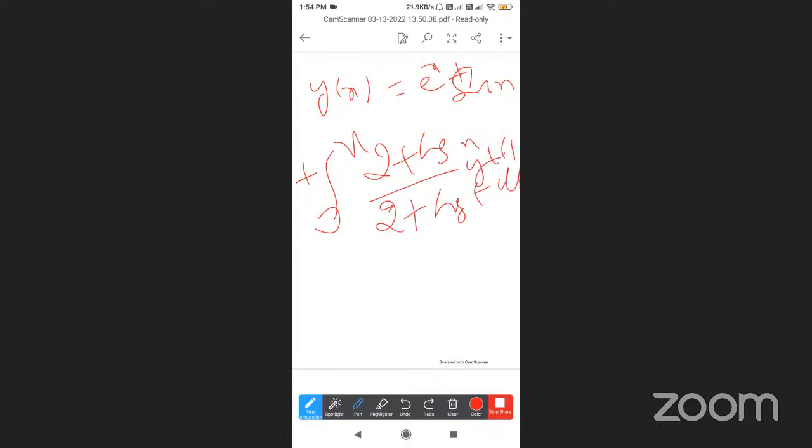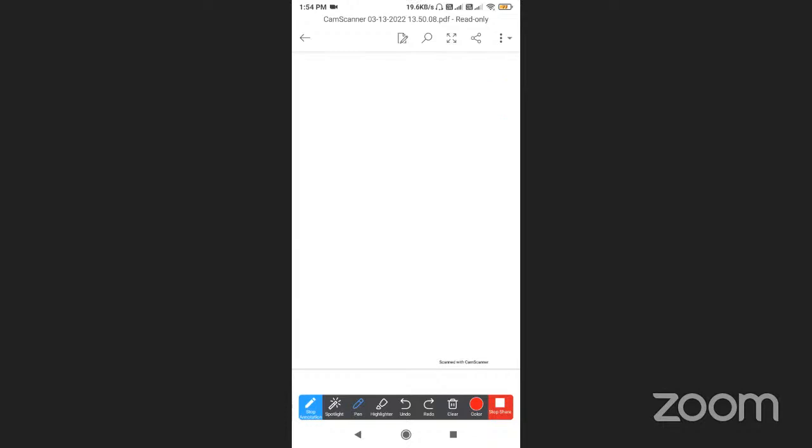This is called a Volterra equation of the second kind. Here k of x comma t is equal to 2 plus cos x by 2 plus cos t.